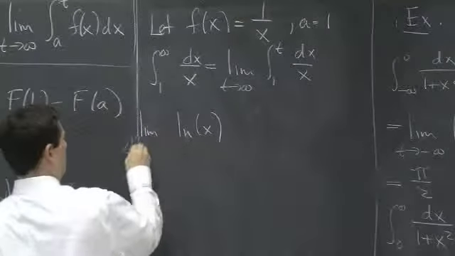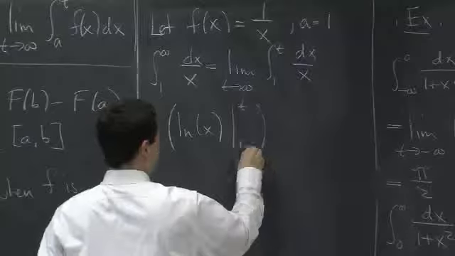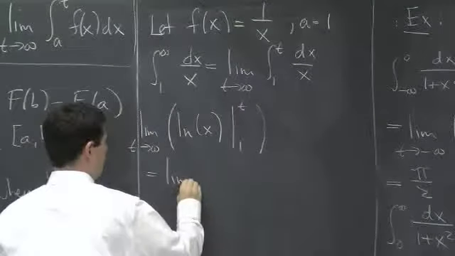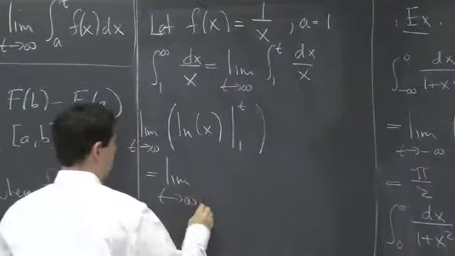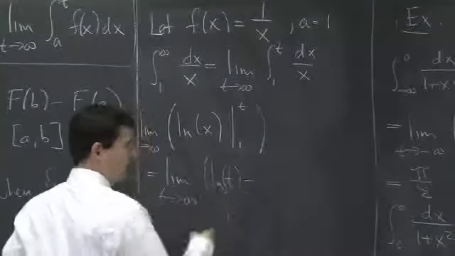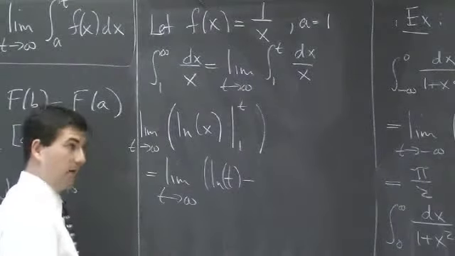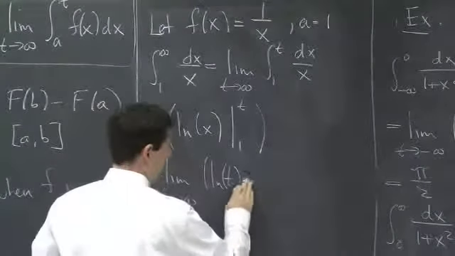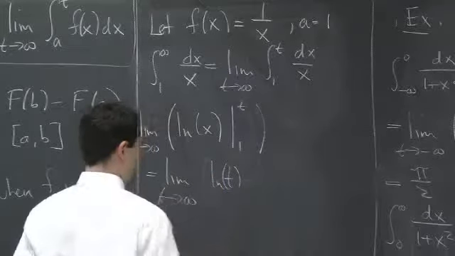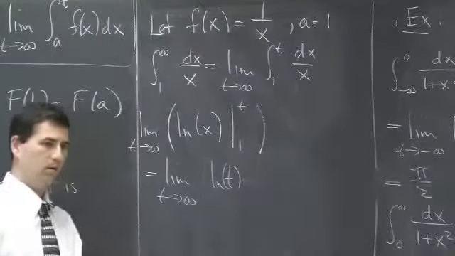Limit as t goes to infinity of ln of x evaluated at 1 and t, which is equal to the limit as t goes to infinity of ln of t minus ln of 1. What's ln of 1? 0, because e to the 0 is 1. So there's actually nothing to subtract. So what's the limit as t goes to infinity of ln of t?